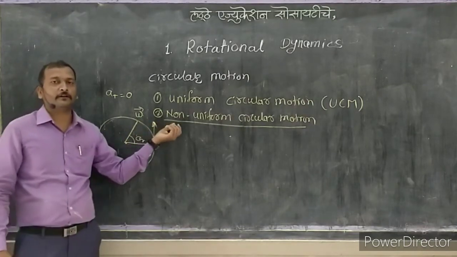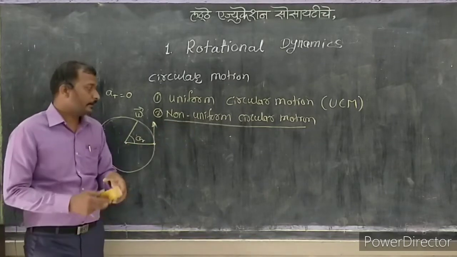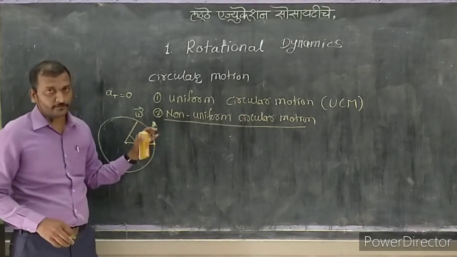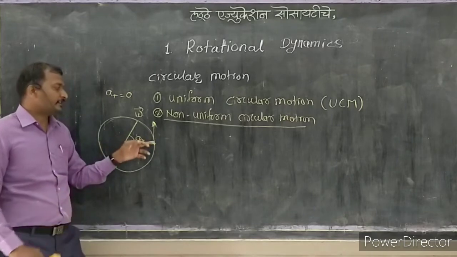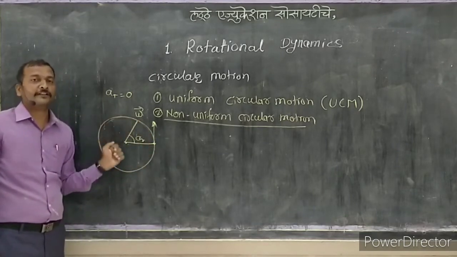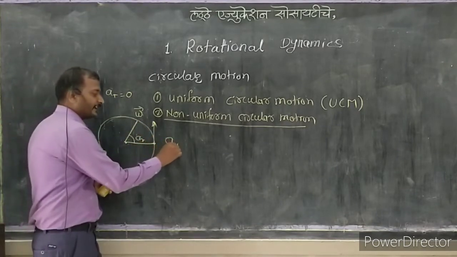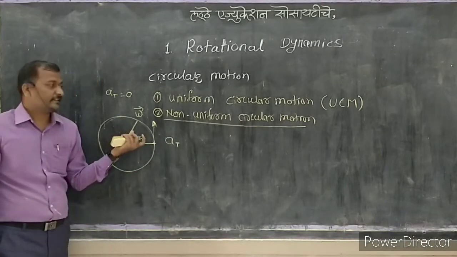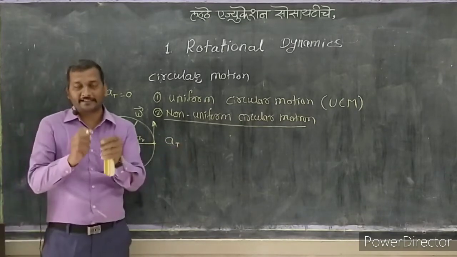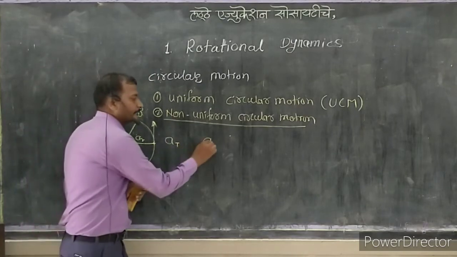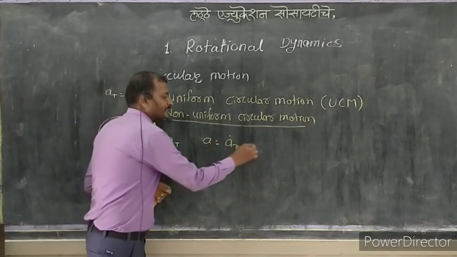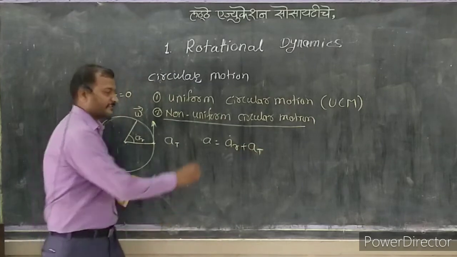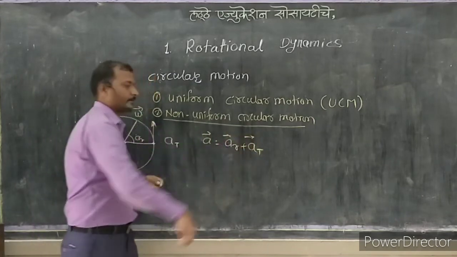That is an example of non-uniform circular motion. Due to the speeding up or slowing down, there will be tangential acceleration and also radial acceleration. So the total acceleration is the radial acceleration plus the tangential acceleration in vector form.